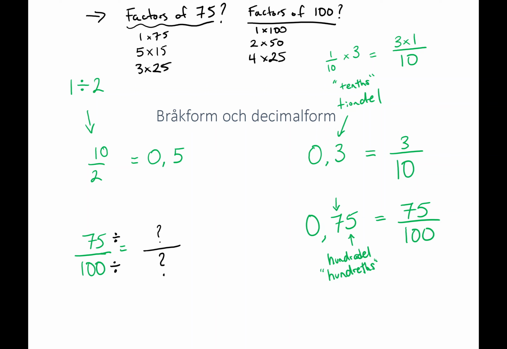you should notice that we need to look for the greatest common factor. And the greatest common factor is the largest number in the factors of 75 and the factors of 100 that they have in common. In this case, it's 25. So that is what we're going to do here.